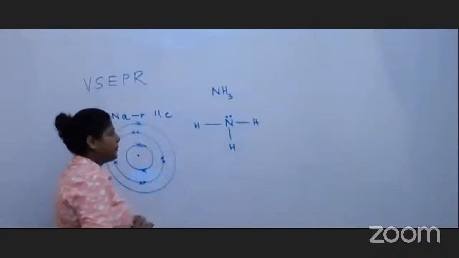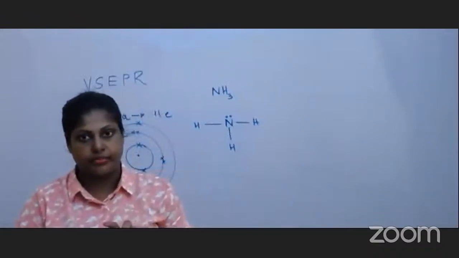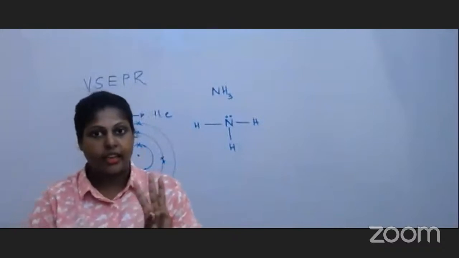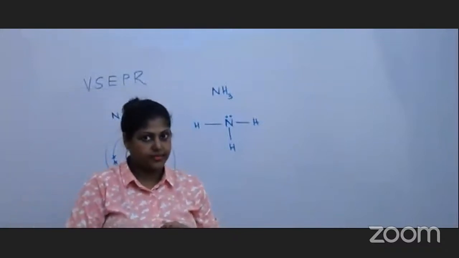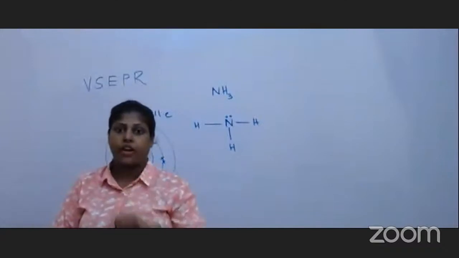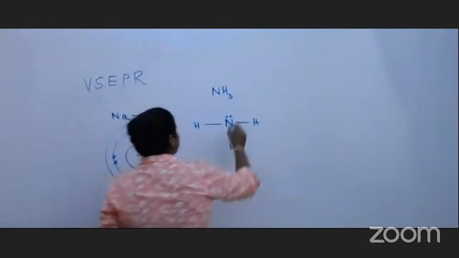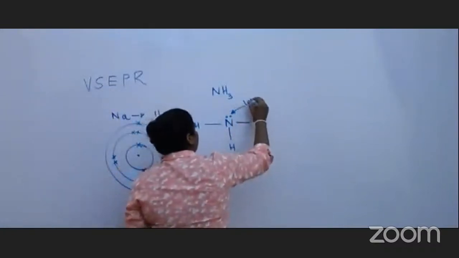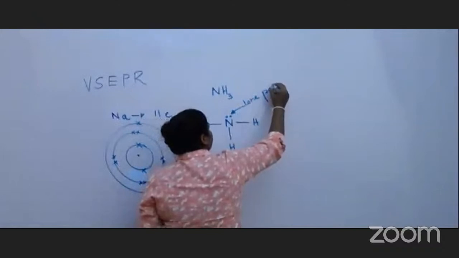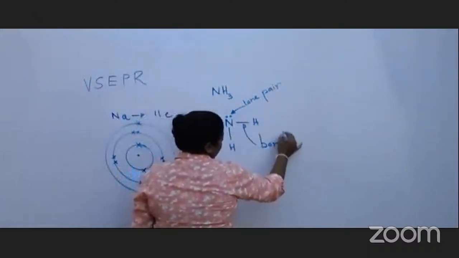You can see around the nitrogen atom, it has 3 N-H bonds and 1 pair of electrons we call a lone pair. This one we call a lone pair. This one we call a bond pair.